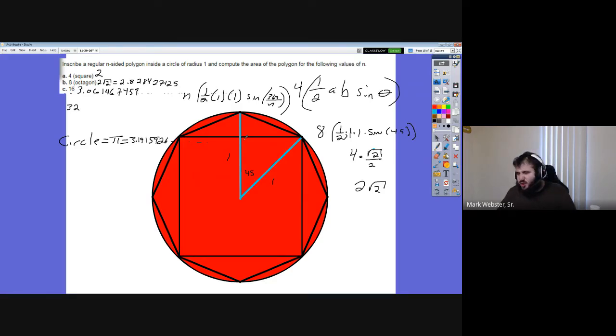And eventually, as we get more and more triangles, we approximate the circle better and better. And what we come up with is a sum for this circle, a sum that not only approximates this circle, but as we go to infinity, we actually make the circle.